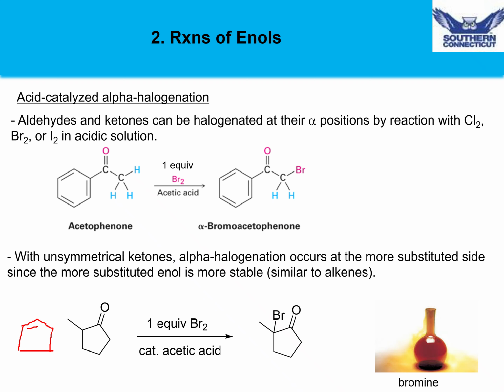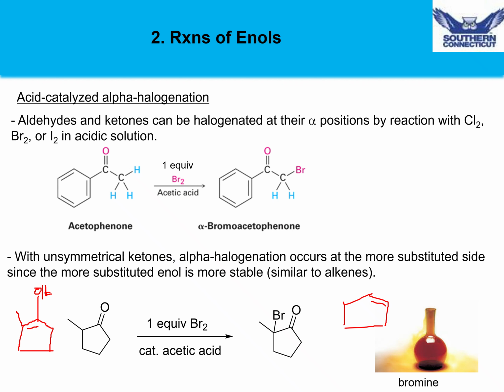We would find a double bond on the left side. We would find an OH here where the carbonyl used to be. And we'll have a methyl group here as well. So the molecule prefers to form this enol rather than the less substituted enol, which would look something like this. Same cyclopentane.